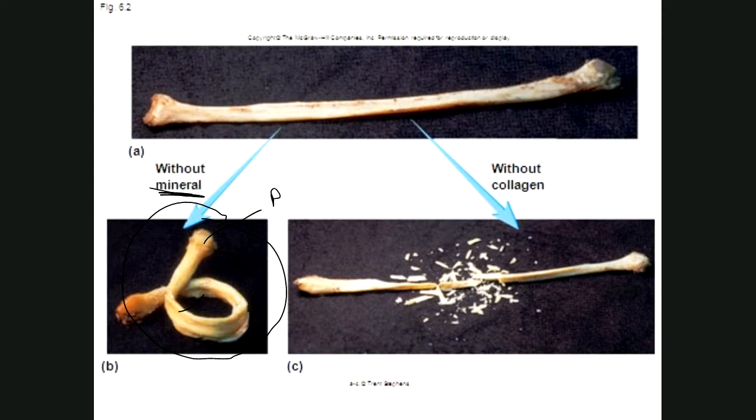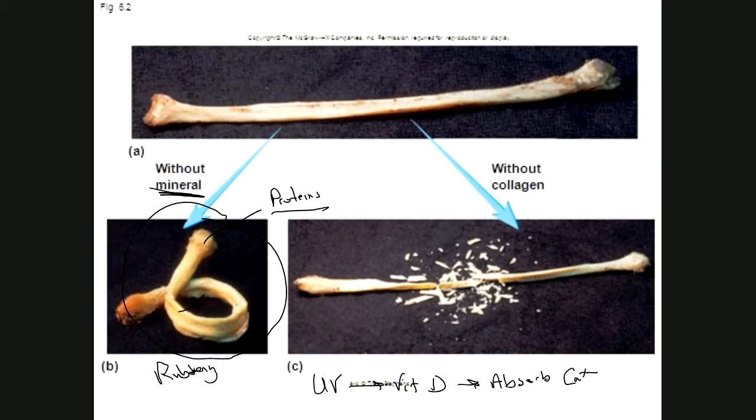And so if you don't have enough calcium, if you don't have enough minerals, this is what your bones are going to be like. They're going to be very, very rubbery. And when we talked about UV light, remember we talked about UV light and that you use it to make vitamin D. And vitamin D is necessary for you to absorb calcium from your diet. And so if you don't have enough vitamin D, you don't have enough calcium.